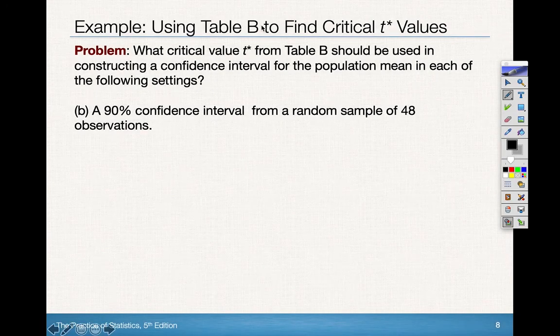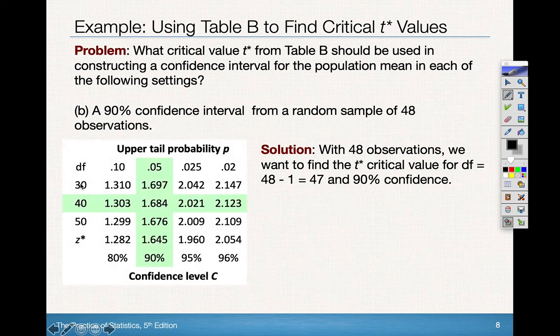One hitch with the t-table is that after it gets to bigger degrees of freedom, it starts to jump: 30, 40, 50. The calculator, you never have to worry about that. If your sample size is 33, you can use 32 degrees of freedom. The table is harder because you always have to round down. If you have 48 as your sample size, you have to use 40 because you always have to err on the side of caution.